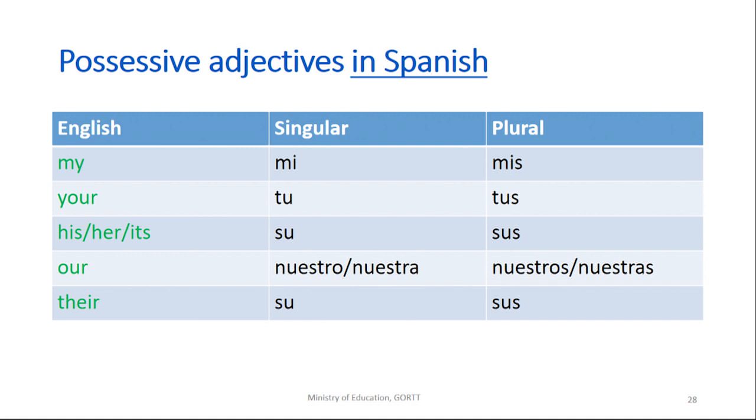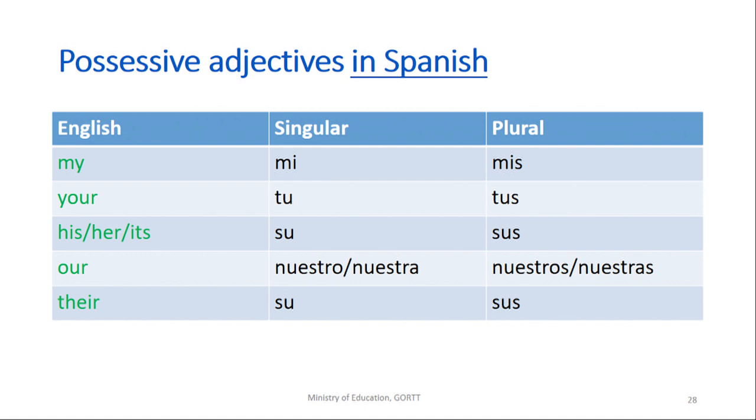On the left, we see the possessive adjectives as we know them in English. On the right, we see the possessive adjectives in Spanish. So, for example, if I want to say my for a noun that is singular, I say mi. For plural nouns, for the word my, I say mis.